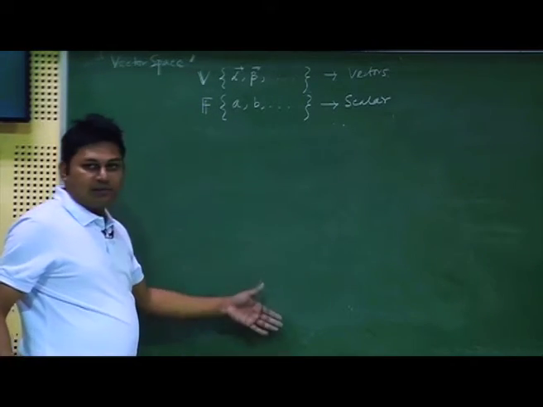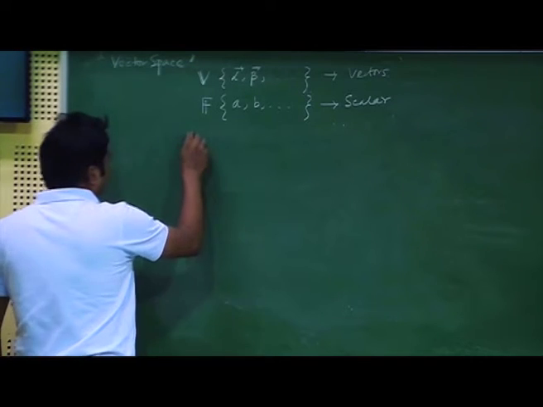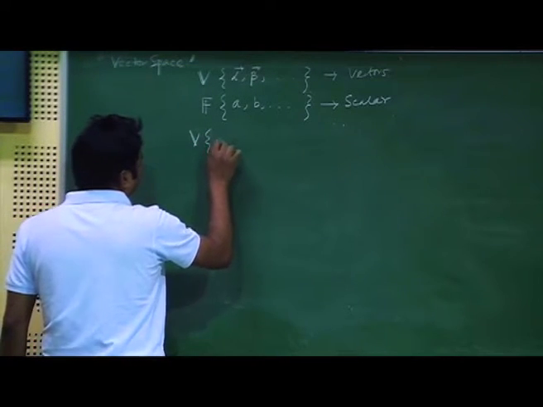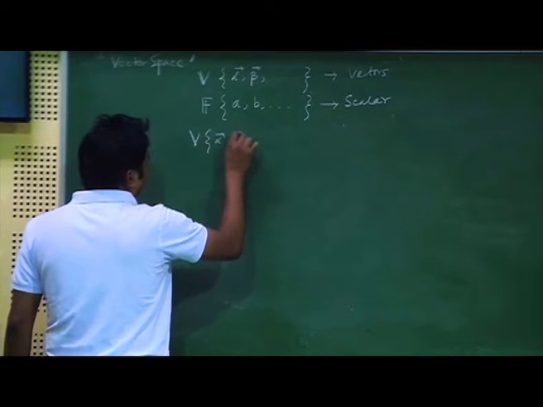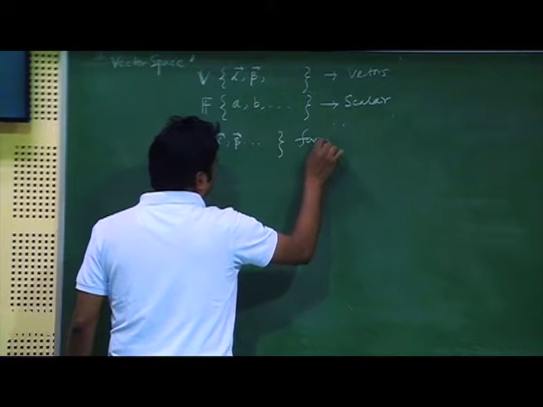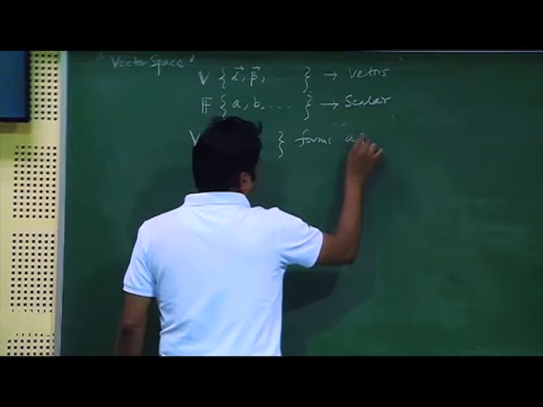If these properties are followed, then we can say that the set V forms a vector space.